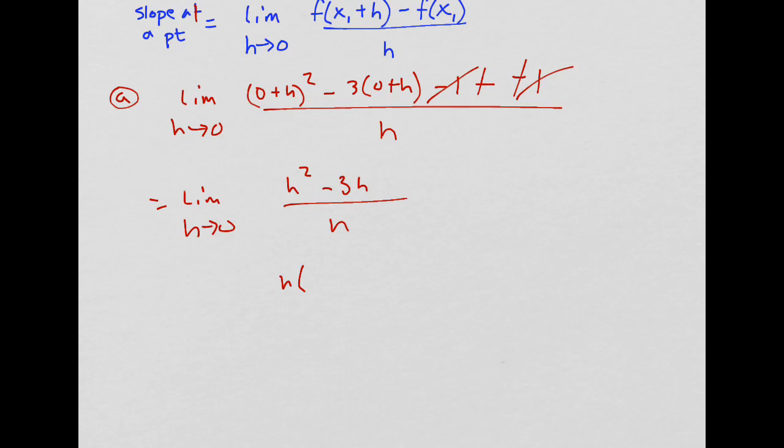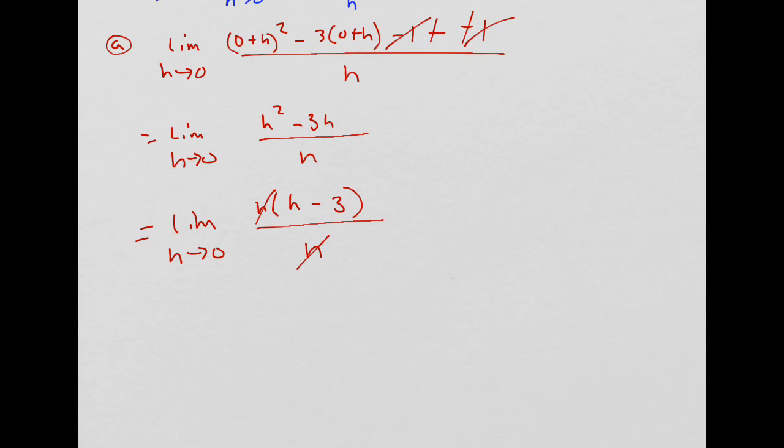So I get h minus 3, and then divided by h, so that cancels out, and the limit as h goes to 0. So this looks like it'll just be negative 3.